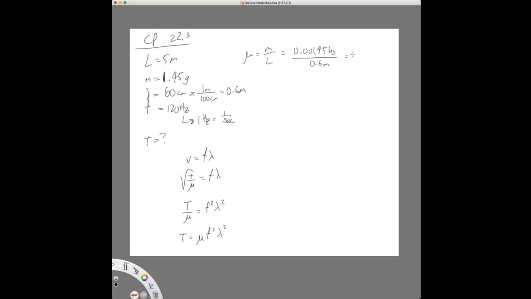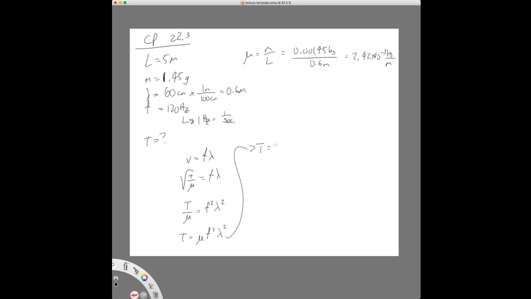And that looks like 2.42 times 10 to the minus 3 kilograms per meter. So we're ready to go.